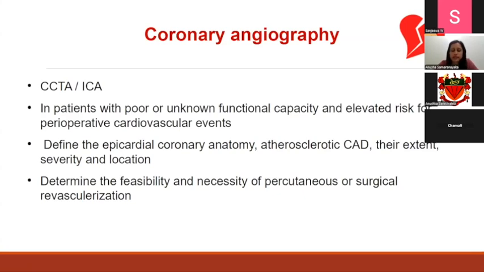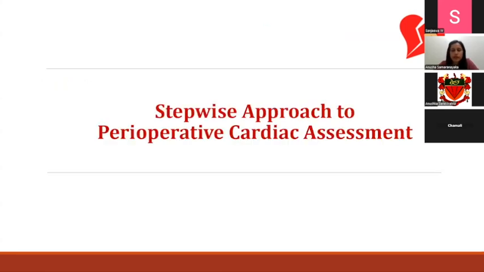And then I've discussed the risk assessment tool, the revised cardiac risk index, its importance, how to calculate the risk and quantify the percentage, and the investigations and the recommendations to do specific investigations. So then we are going to do a stepwise approach to perioperative cardiac assessment.